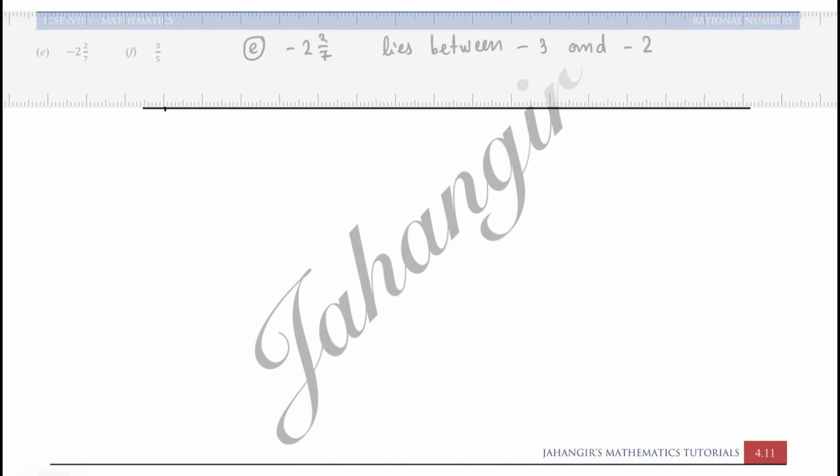Let us start from minus 4 because an extra number should be there. Then 1, 2, 3, 4, 5, 6, 7.